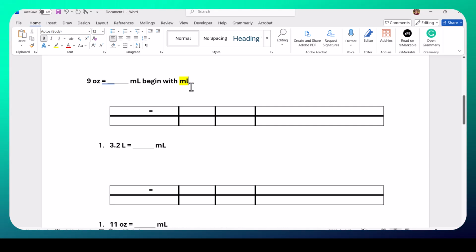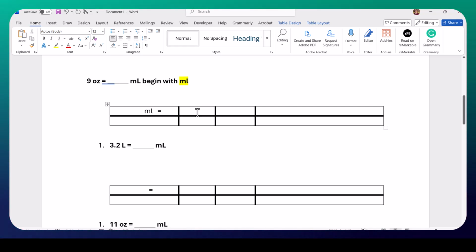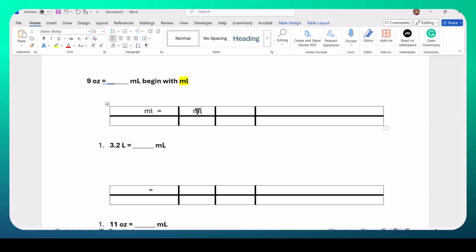Now that you know what unit of measure your answer must be in, that unit of measure goes in this box on the left side of the equal sign. So it's mLs. And then the box to the right of it also is going to get mLs, because what's on the left has to equal what's on the right.